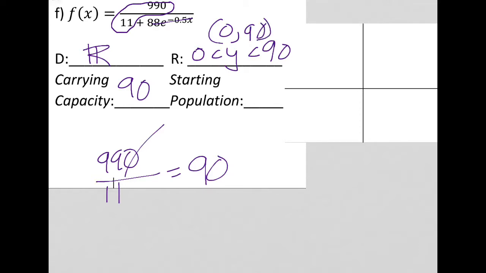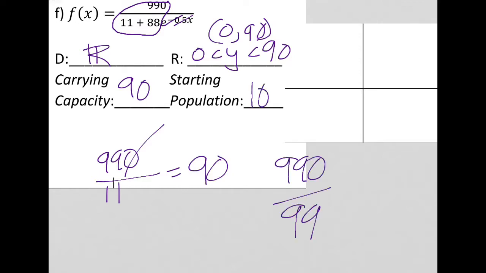Starting population here, i.e. y-intercept, plug in 0, and we end up with just this, 990 divided by 11 plus 88, because that term goes to 1. And so 11 plus 88 is 99, so I have 990 divided by 99, so I get a starting population of 10.